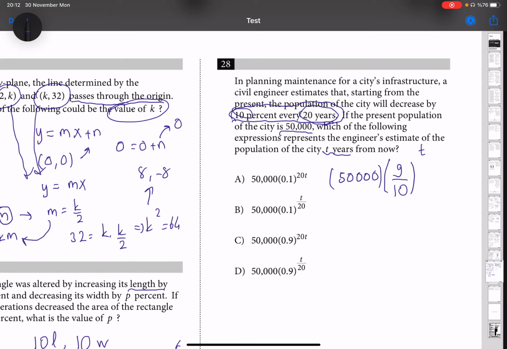So t is in years, so to use it, for example, when I substitute 20 into t, I should find 9 over 10 here. So to find 9 over 10 when I substitute 20 into t, I should divide t by 20, right? So our final equation should be this, and so the correct answer is C.